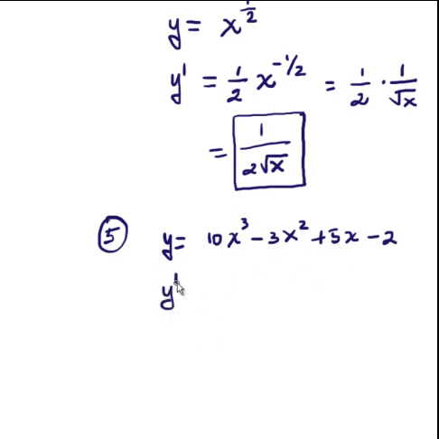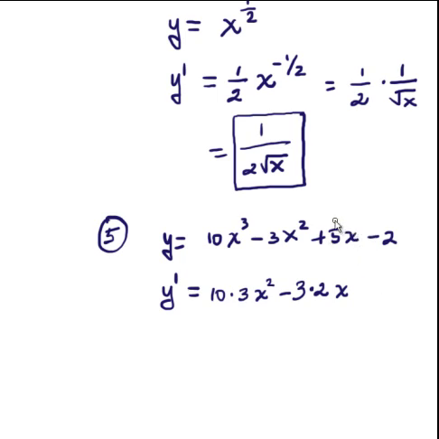So here y prime is equal to 10, bring the 3 down. So we have 10 times 3x, subtract 1 from the exponent, x squared. Here bring the 2 down, 3 times 2. Usually we'll multiply these right away. x to the 1, subtracting 1.